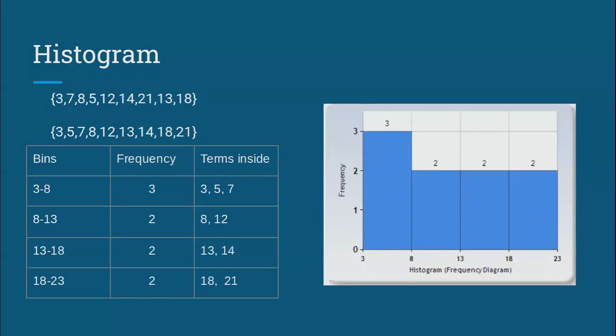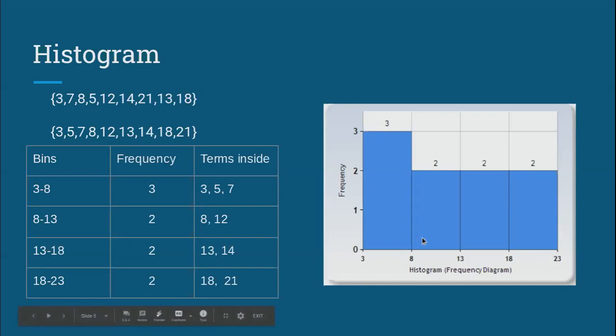Now, if we did not have the data set, we wouldn't know exactly which 3 terms fall between 3 and 8. We wouldn't know if it's 4s, 5, 6. All we would know is that there are 3 terms in the data set that fall between 3 and 8, or in this first bin.